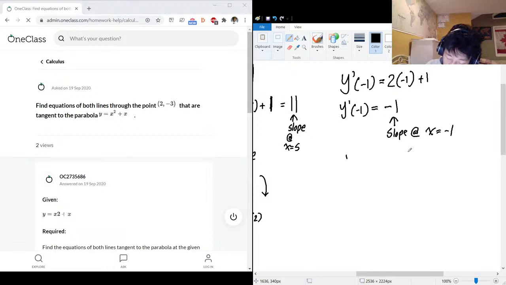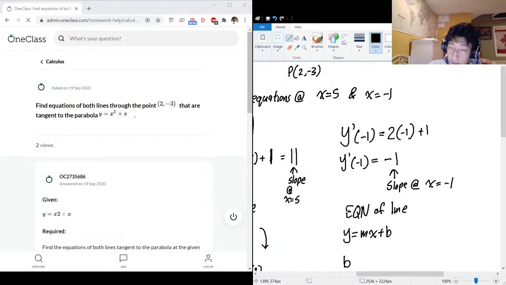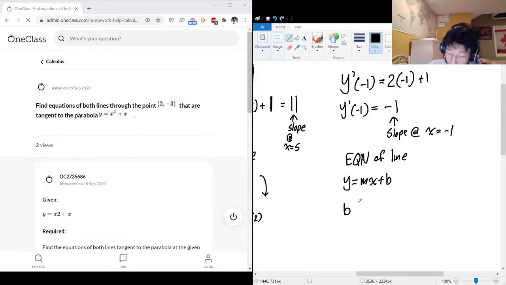We know the equation of a line, y equals mx plus b. Isolating for b, because we know y and x, that gets subbed in from our point here, 2 for x, negative 3 for y, and our m in this case is negative 1. So we just got to solve for b, and we'll do it correctly this time.